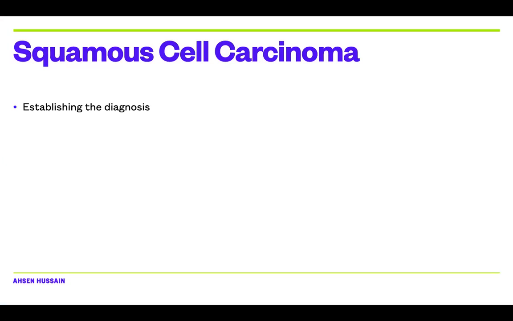So the first part of this talk is to establish the diagnosis. And I'll give you some historical perspective on this tumor. In 1902, the first reported case of radiation-induced or Röntgen-induced SCC was reported by Frieben soon after discovery of X-rays.